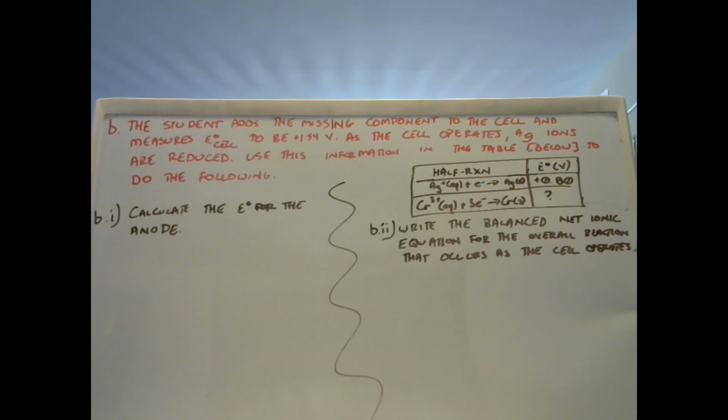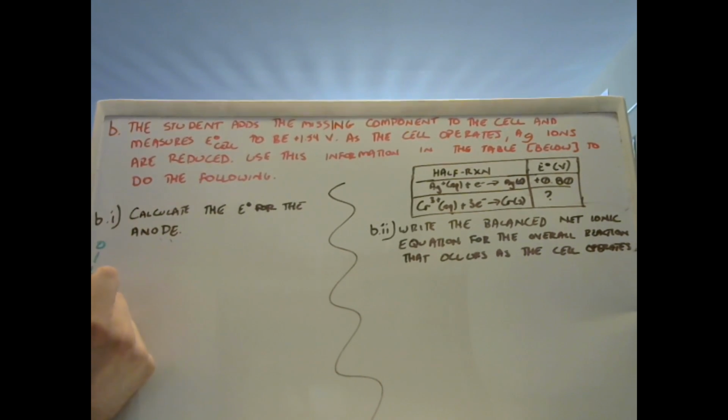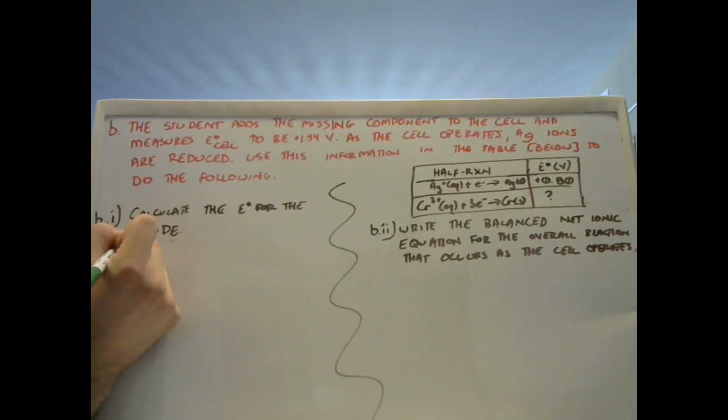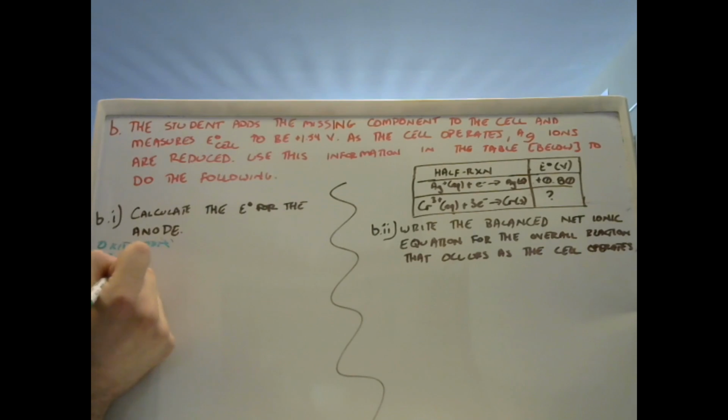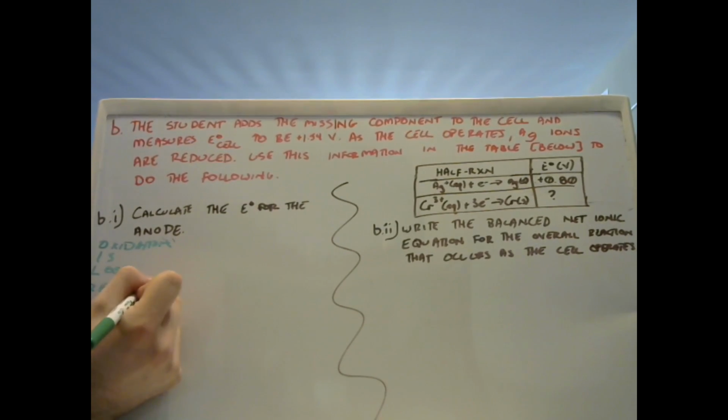Two acronyms we need to keep in mind. First is OIL RIG. Oxidation is loss of electrons. Reduction is gain. As you oxidize, you lose electrons. As you reduce, you gain electrons.